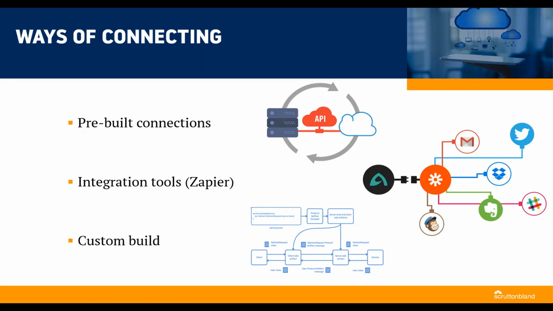If the link doesn't exist directly, you can use an integration tool. An example of that is Zapier, where a lot of systems build a connection into Zapier. So you've got say your operation system that has a link to Zapier, and then you'll have your finance system, which may also have a link to Zapier. Now, what happens with Zapier is it condenses down programming language into something that's easy to understand.